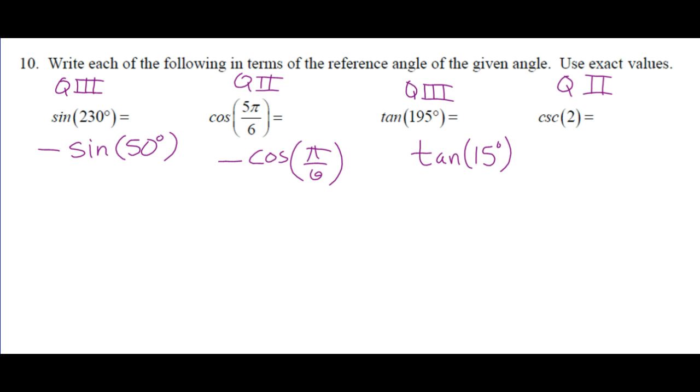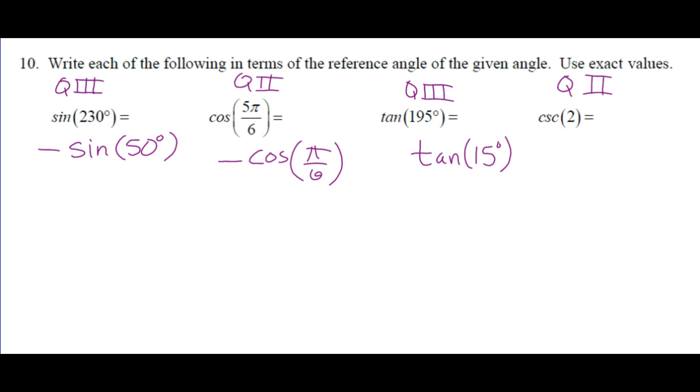Okay? It's cosecant. So you have to do the reciprocal of cosecant, which is what? Cosecant is the reciprocal of sine, 1 over sine.